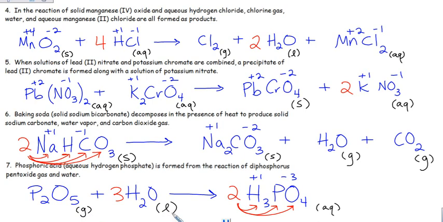Pretty awesome, huh? So again, I would suggest now try the last few and then come back to the next video and we'll look at the last couple here where we're writing the equations for reactants and products from a description of the chemical reaction. After we balance it, the last step would be to add the phase symbols.